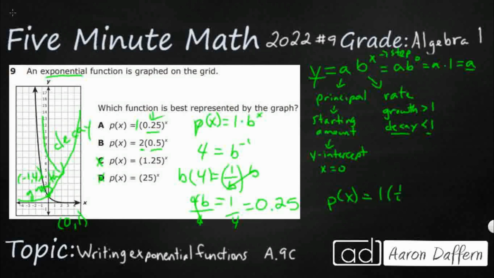My b term is 1/4, or 0.25, to the x. And so this, we need to know, looks just like this, because the 1 can disappear, since anything times 1 is just itself. We're rewriting the 1/4 as the 0.25. And there we go. That's my a, that's my b. We've got our answer here of A.